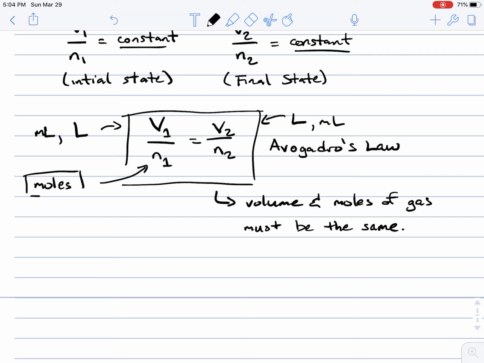So very similar to the idea of temperature always being expressed in Kelvin, whenever you guys are using N to plug into this equation, it must be in units of moles. And for volume, just make sure that they both have the same unit.